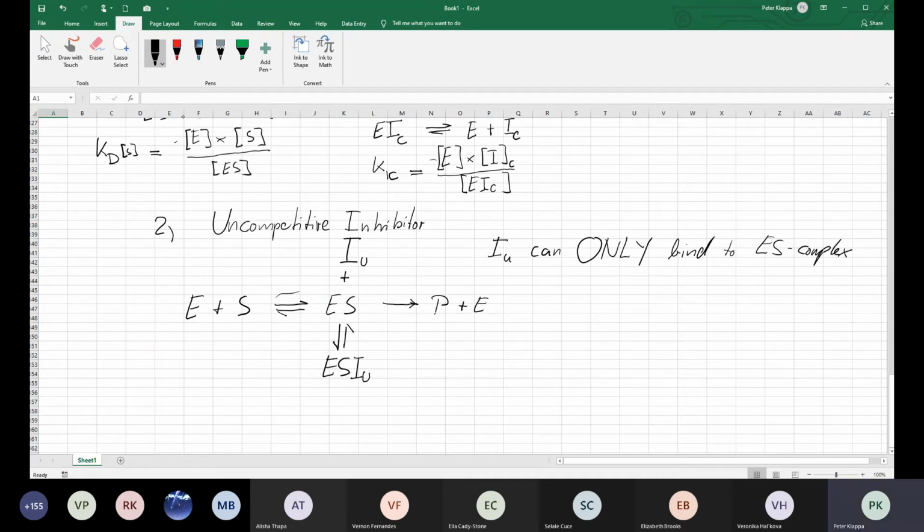It does not compete with the substrate. In fact, the uncompetitive inhibitor needs the substrate. It needs binding of the substrate in the first place.